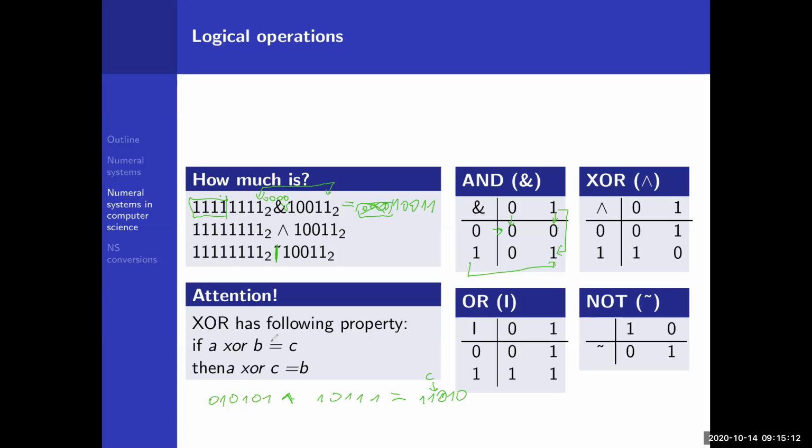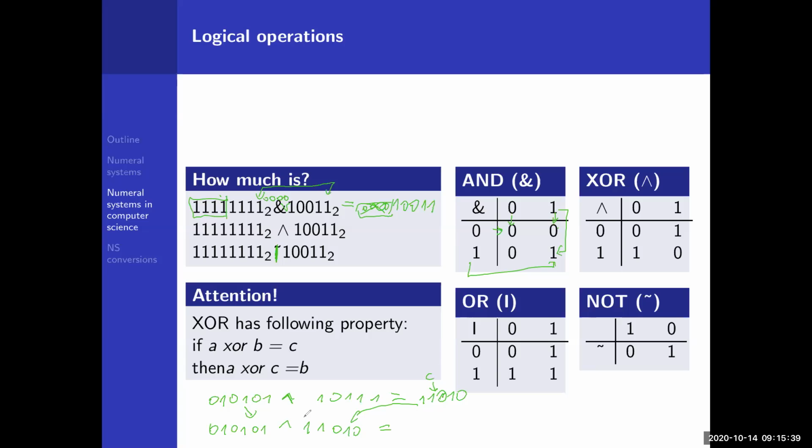So the question is, what is the value of A XOR C? So C is 1 1 0 1 0. So look, I calculate the value of A and the value of the result.